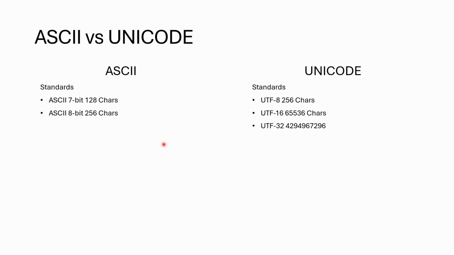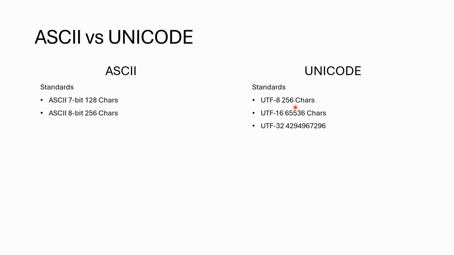Just real quick, here's our two character encoding standards. ASCII, it's only Latin letters and numbers, so it's not used internationally except in certain situations. It's becoming less popular, but it still has its place. You have ASCII 7-bit and 8-bit, 128 and 256 characters respectively.